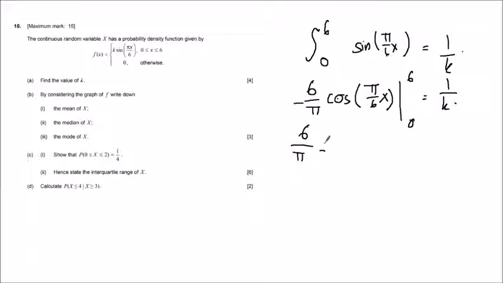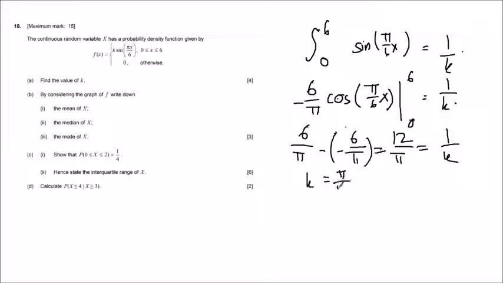No, negative. It's negative. So minus 6 over pi minus 6 over pi, which is 12 over pi, is equal to 1 over k. So k is equal to pi over 12. There you go. So k is pi over 12.